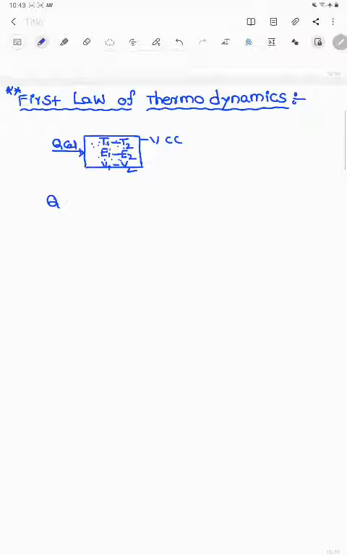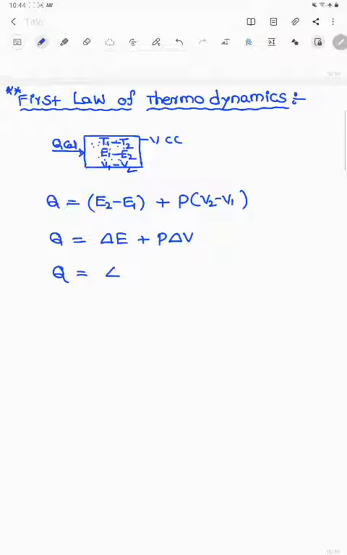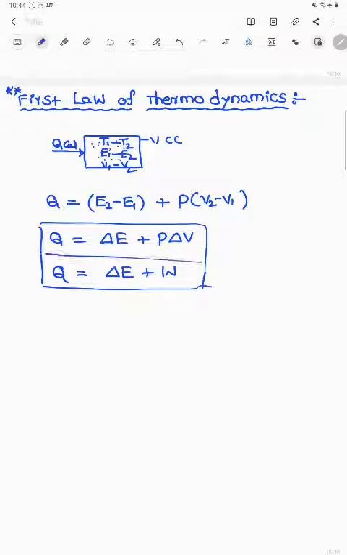Therefore, the supplied energy Q equals the change in internal energy E2 minus E1 plus P into the change in volume V2 minus V1, that is Q equals delta E plus P delta V, or it can also be written as Q equals delta E plus W. These are the two equations used as the mathematical expression of the first law of thermodynamics. It is a very important one.